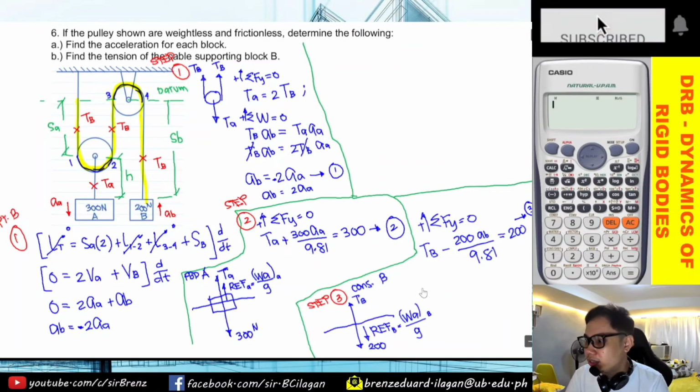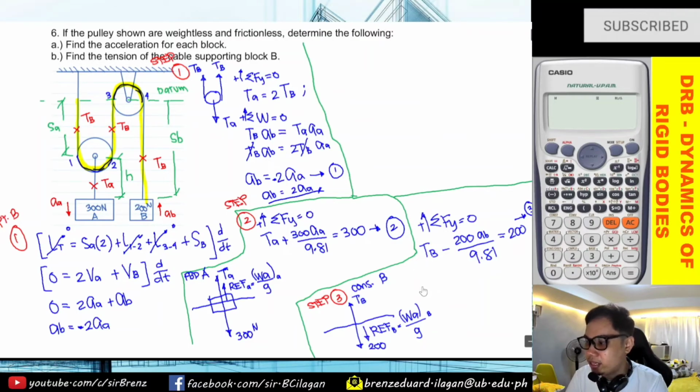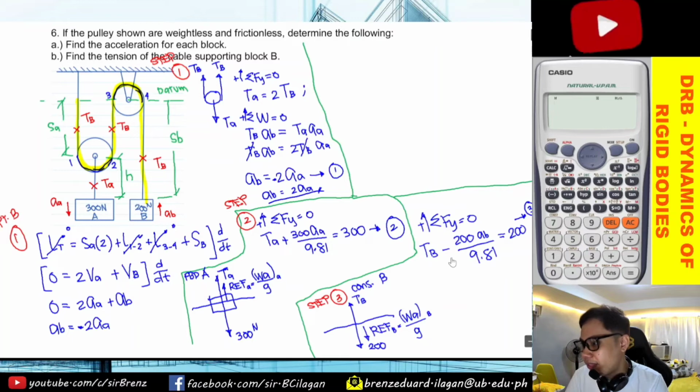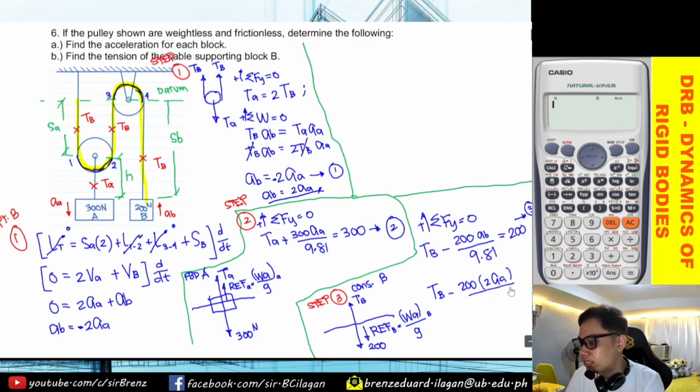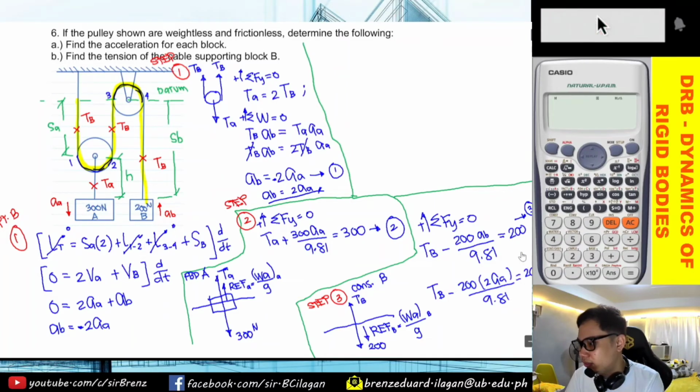So, in equation number 3, substitute natin yung A sub B, so magiging 200 times 2 of acceleration ni A over 9.81, para at least mabawasan yung unknown. So, this is our 3A.